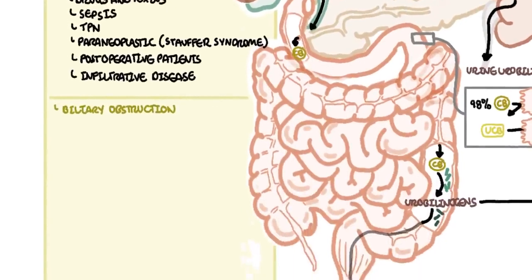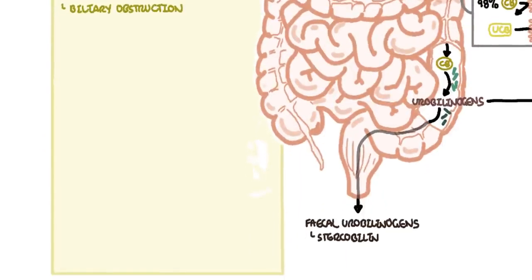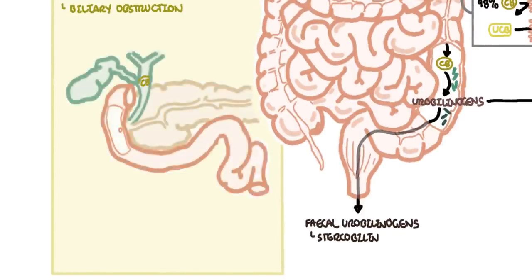The other group that causes high amounts of conjugated bilirubin include biliary obstruction, also known as post-hepatic causes.